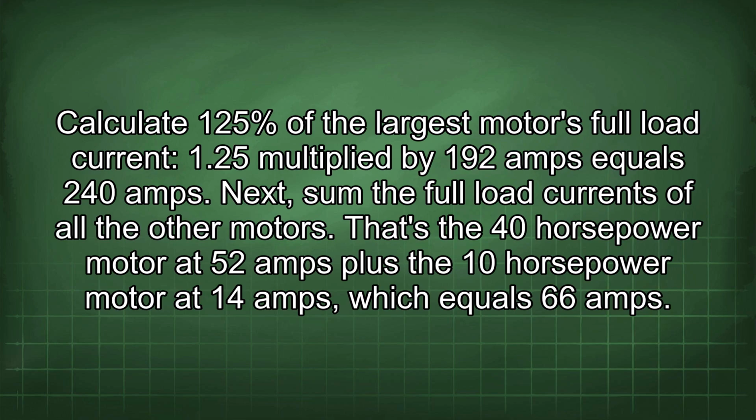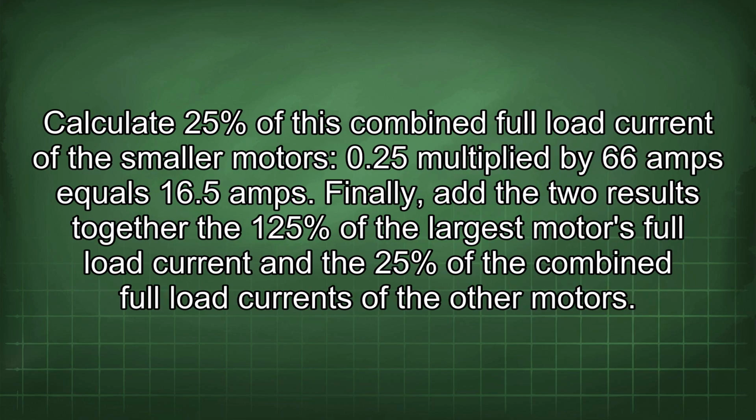Next, sum the full load currents of all the other motors. That's the 40 horsepower motor at 52 amps plus the 10 horsepower motor at 14 amps, which equals 66 amps. Calculate 25% of this combined full load current of the smaller motors. 0.25 multiplied by 66 amps equals 16.5 amps.